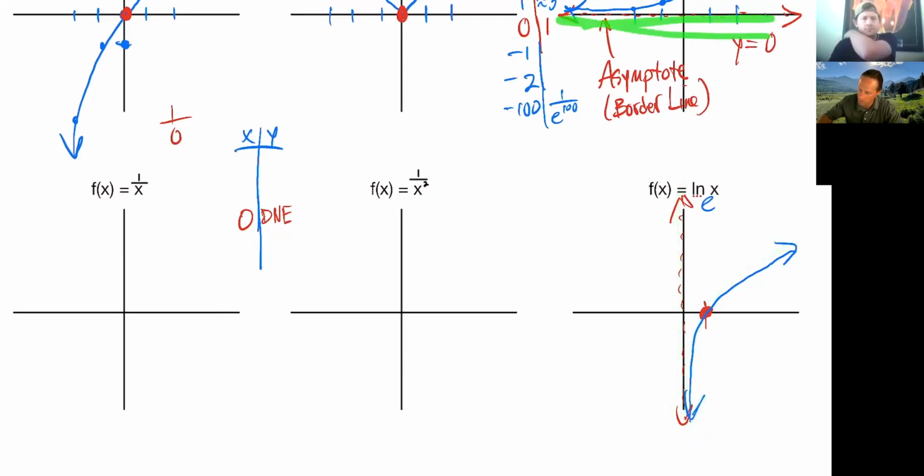Over here, we had this borderline for what we were approaching. This one was a horizontal, this one was a vertical line. Well, when we don't have an x value for this point here for x, that gives me a y value. How are we going to show that? How are we going to let them know that there is no y value for that x? We're going to draw our asymptote.